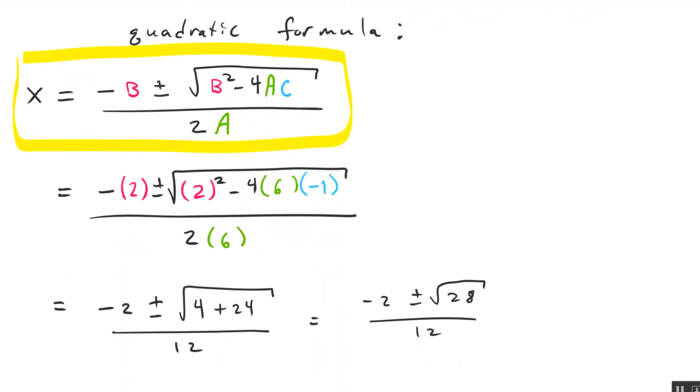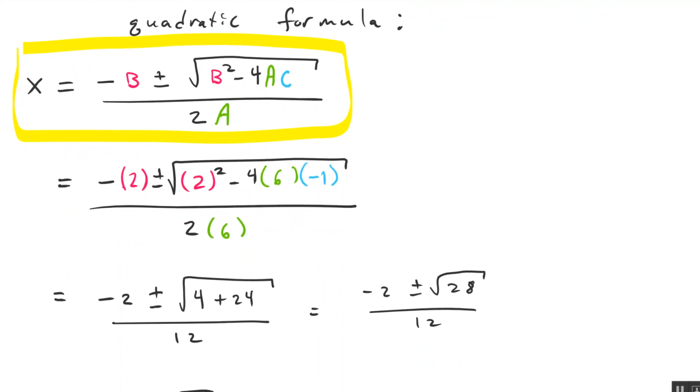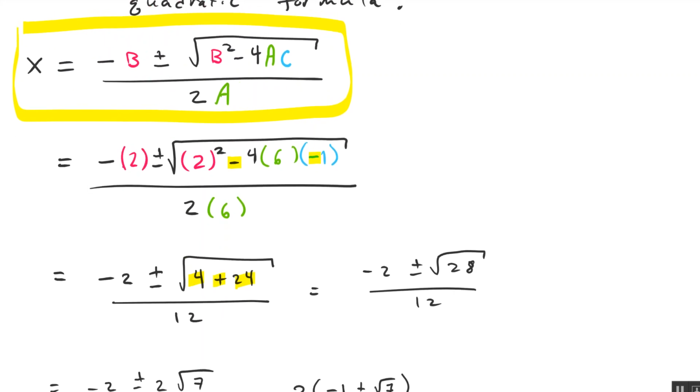If we do some arithmetic here, outside we have a negative 2 plus or minus 2 squared, which gives us 4. The negatives here and here give us a positive, and the 4 times the 6 gives us 24. And then 4 plus 24 gives us 28.